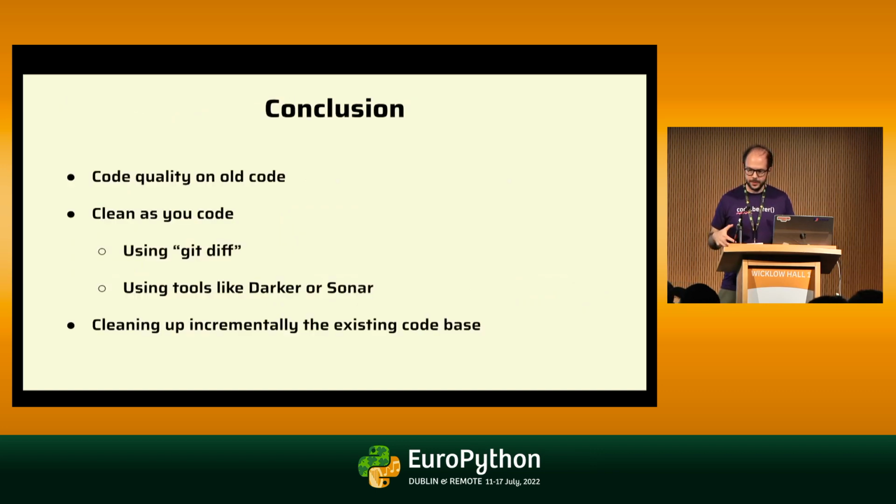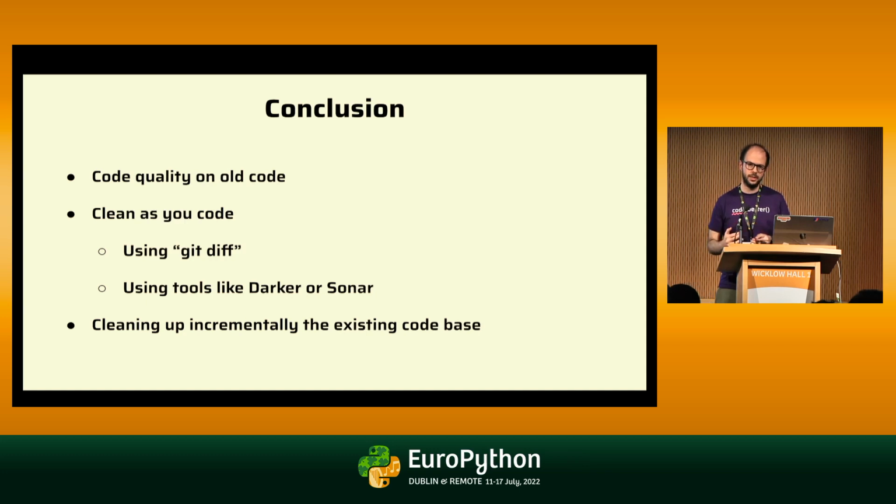So let's wrap it up and recap quickly what we saw today. We saw that handling code quality reports, especially on big projects, might be quite hard and challenging. We saw together the clean as you code methodology. We saw the first approach that was based on git diff, so only based on the changed files.